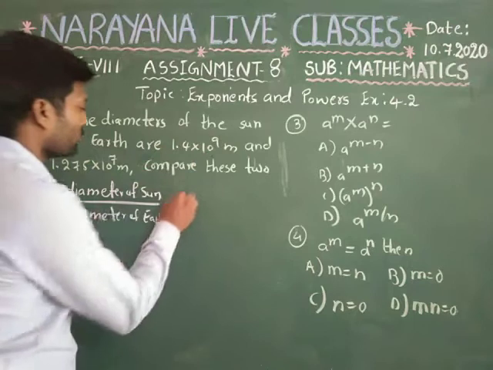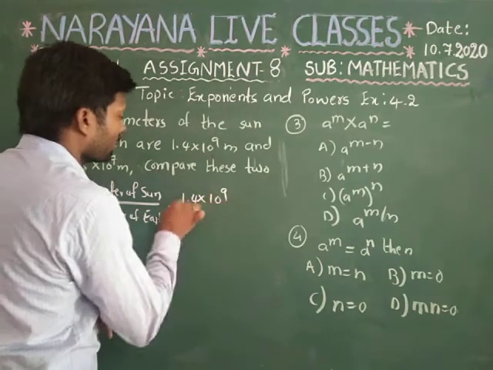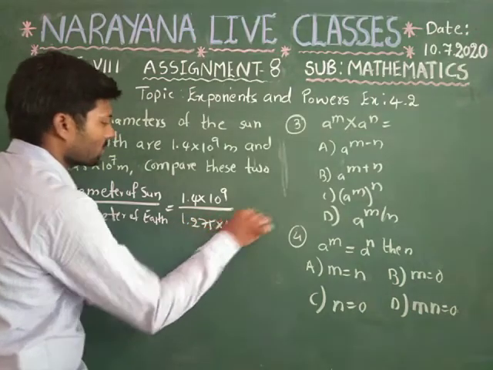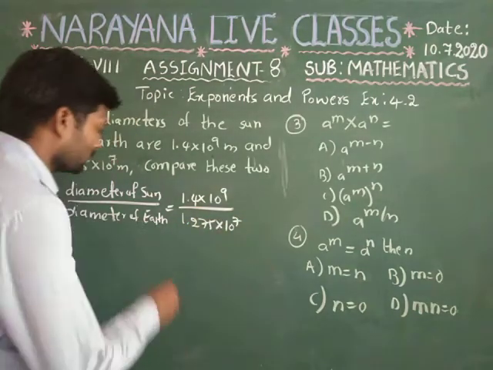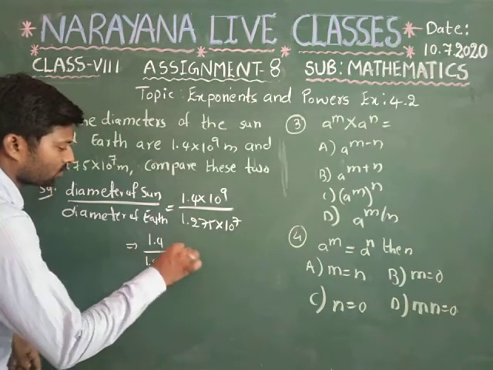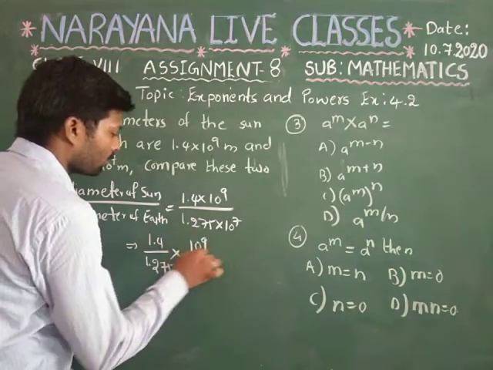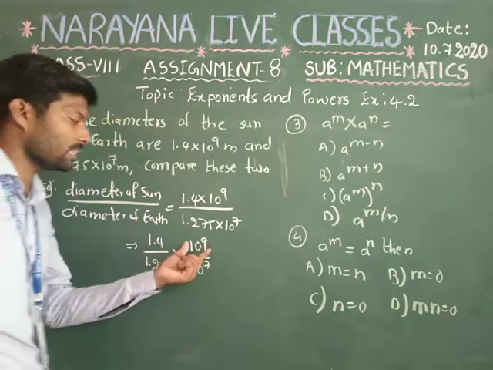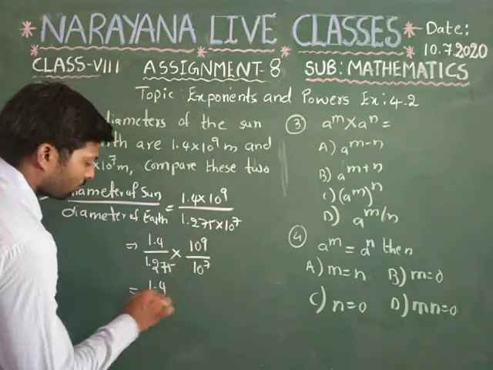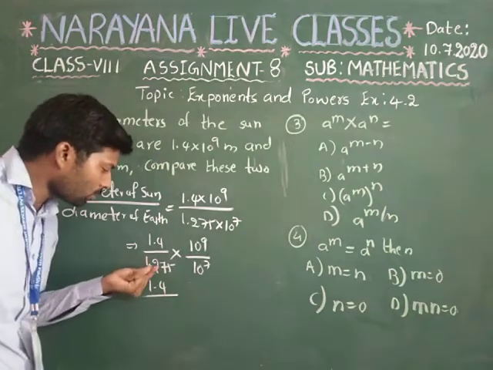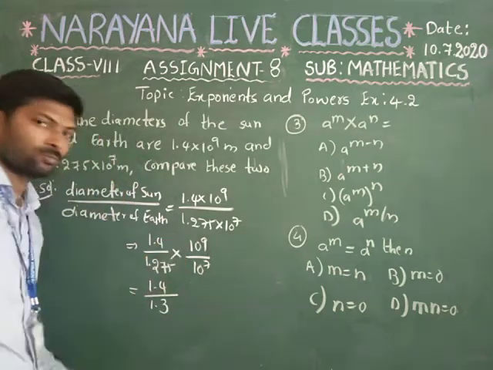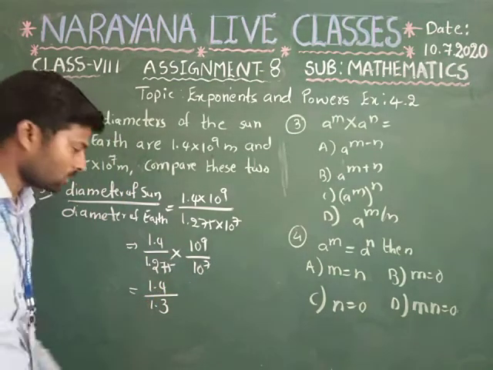That is 1.4 into 10 power 9 by 1.275 into 10 power 7. I will write 1.4 by 1.275 into 10 power 9 by 10 power 7. The numerator is 10 power 9, the denominator is 10 power 7. 1.275 is approximately 1.3.